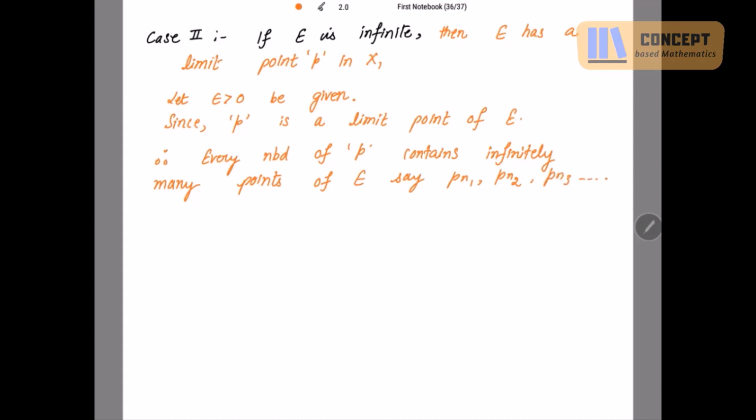There are infinitely many points. Where this n1, n2, n3 must be a strictly increasing sequence, right? So where nk is the subscript of the terms of the subsequence. This is a strictly increasing sequence.